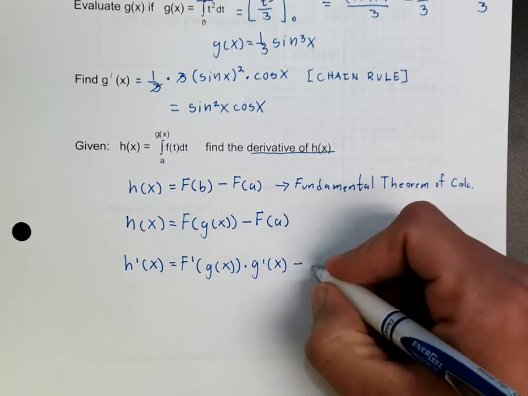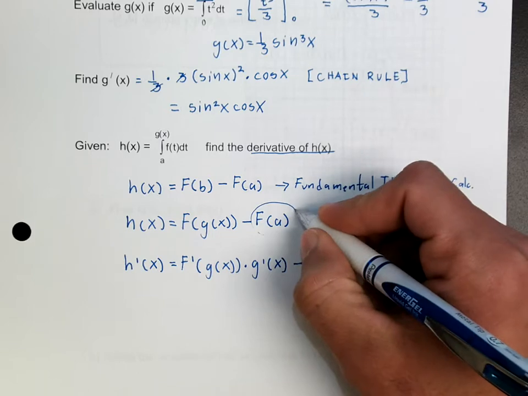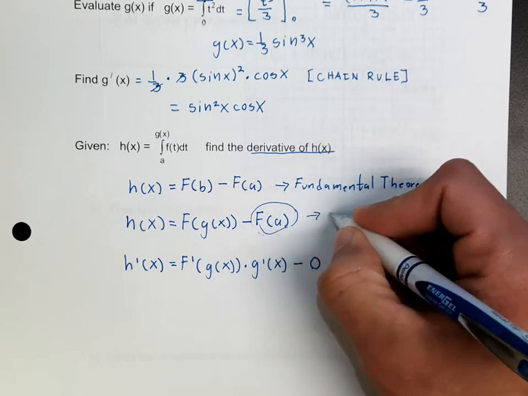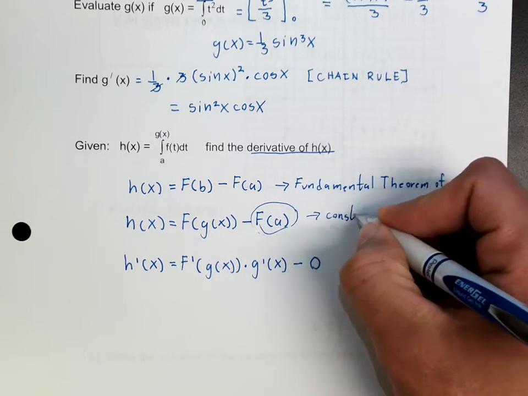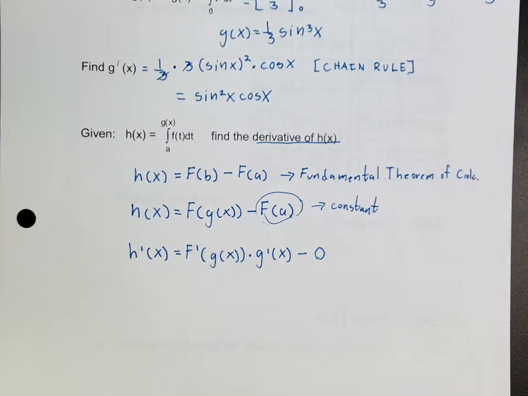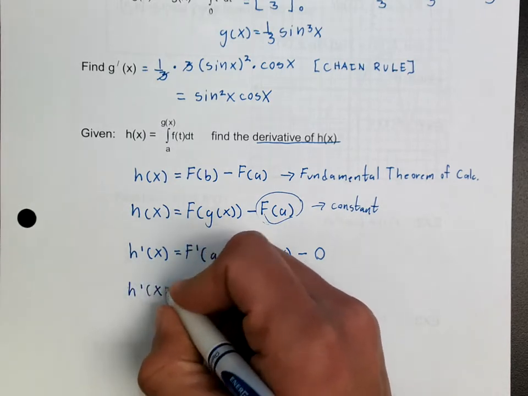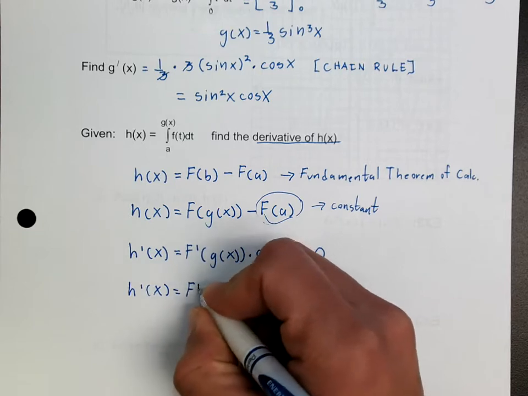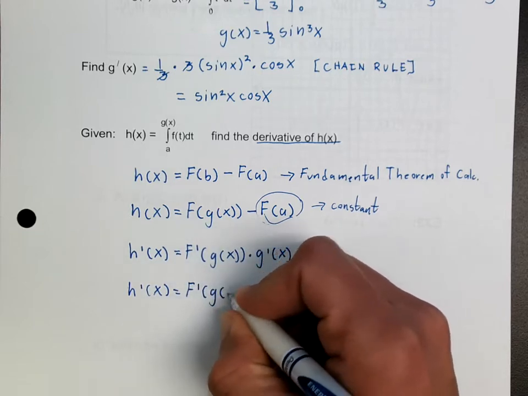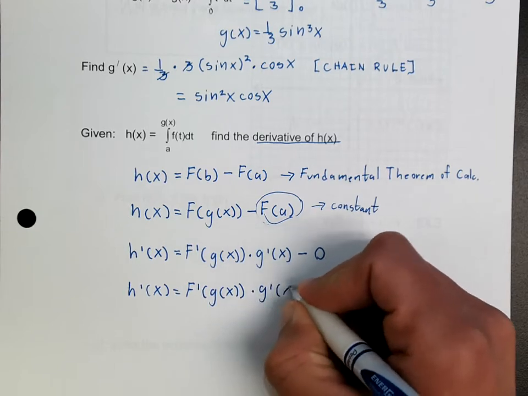So the derivative of a constant is 0. Okay, so that's where you get a 0. Now, let me rewrite this here. So therefore, h prime of x is equal to f prime of g of x times g prime of x.